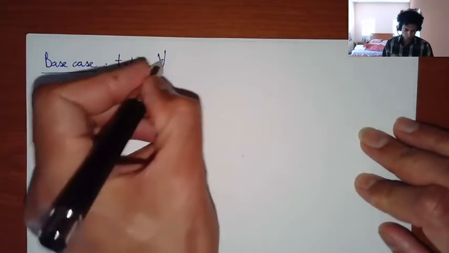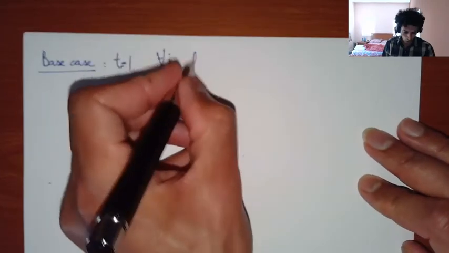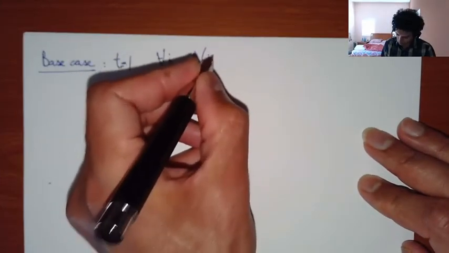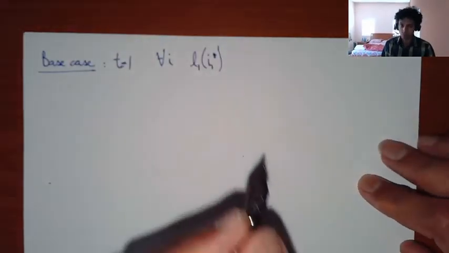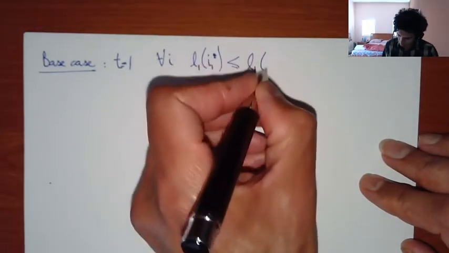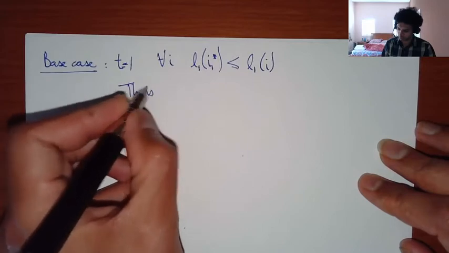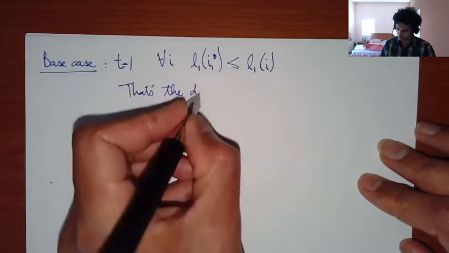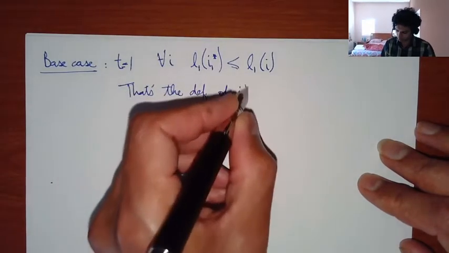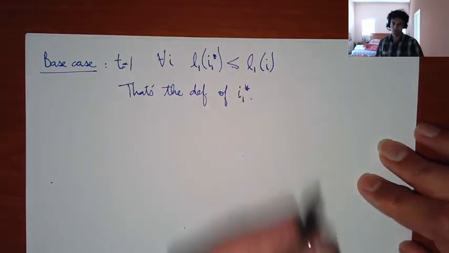What we need to argue is that for all I, L1 of I1 star is at most L1 of I, but that's the definition. That's the definition of I1 star. So this is true. So done.